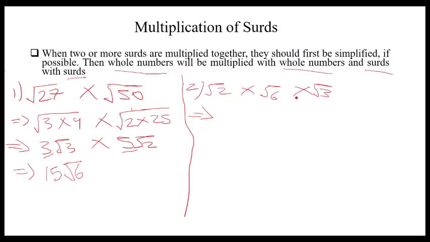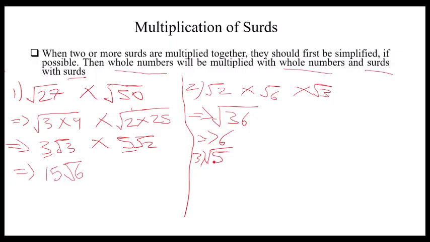In this case, we just multiply them with each other directly. So 2 times 6 times 3 will give us what? 36. So this is the same thing as having the square root of 36. And we all know the square root of 36 is 6. Do you understand? Yeah. Let's move on to the next question.